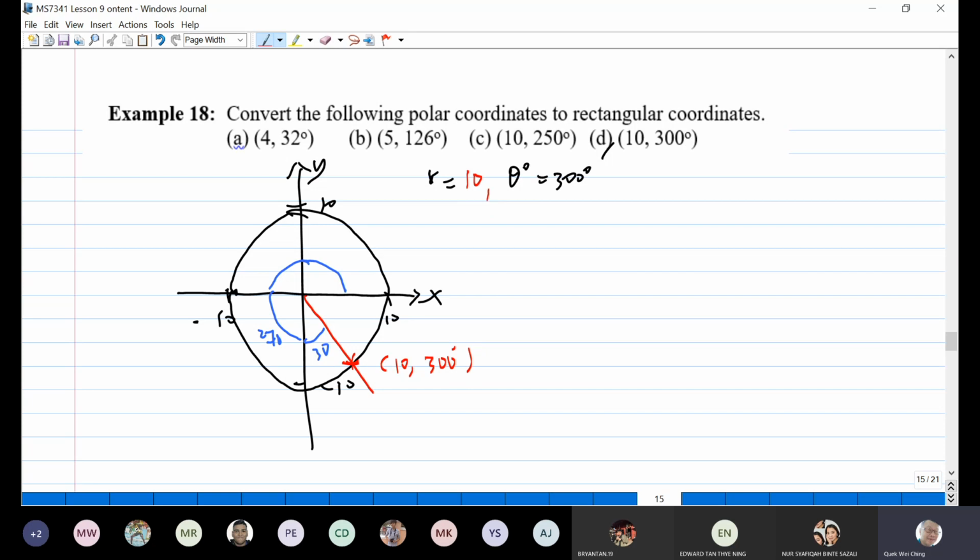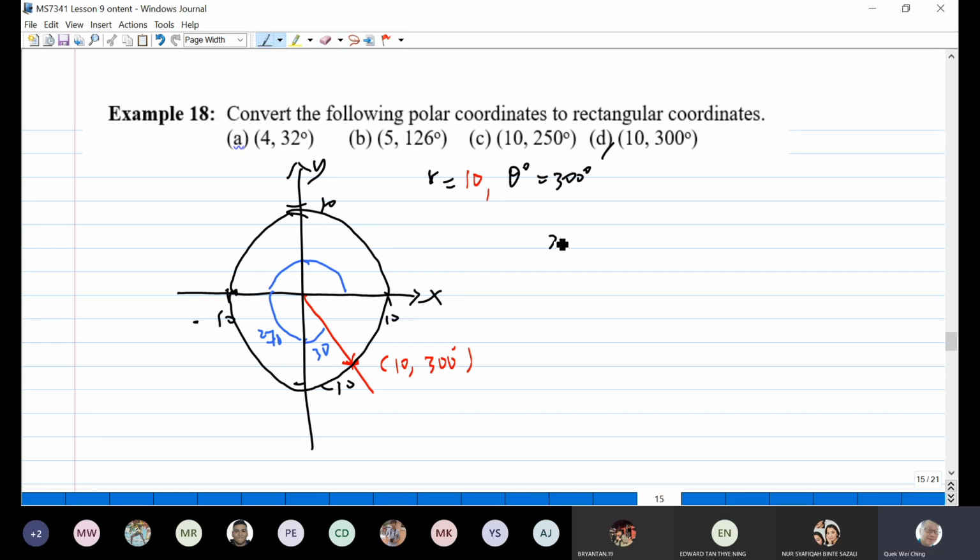Now you can see that the x is positive, y negative. Make sure that you get the correct answer. X is positive, y negative. So you can check calculator now, because based on the diagram, you know the answers should be like that already.